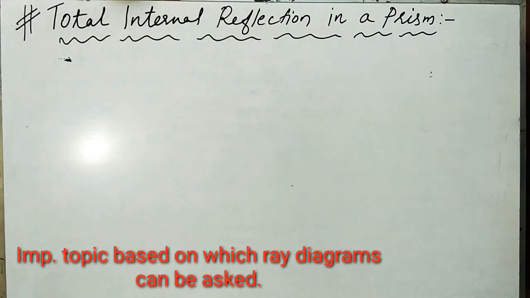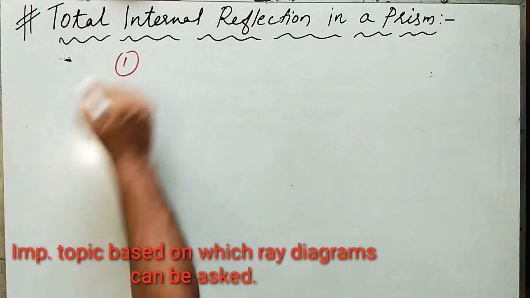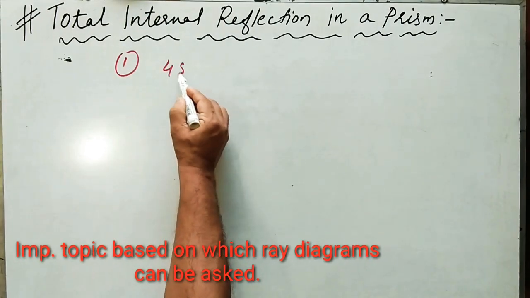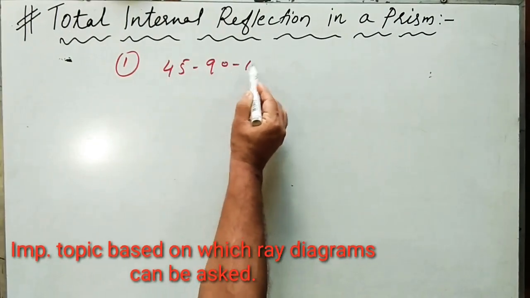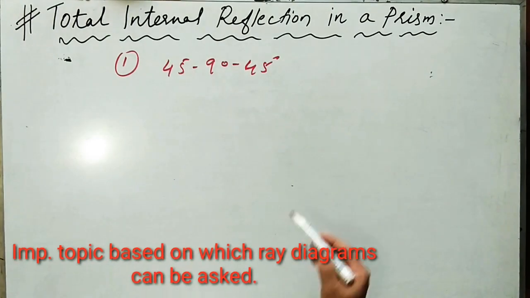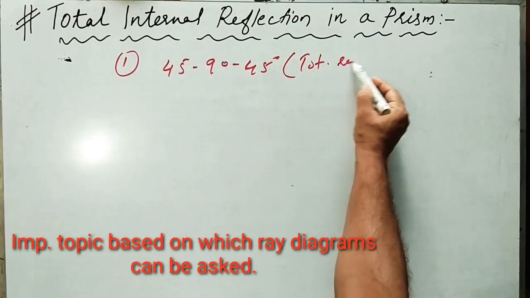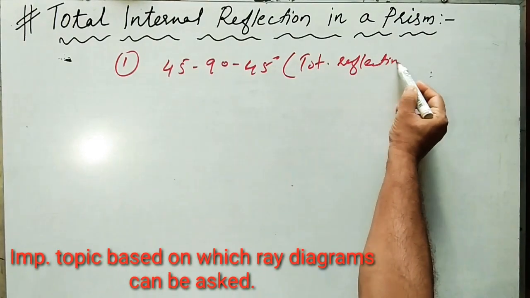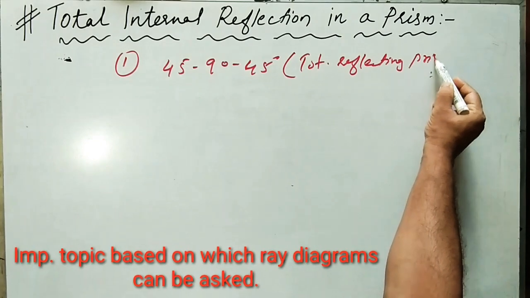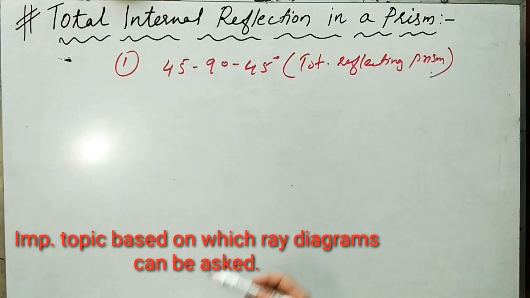When we consider different types of prisms, we have three different types here. First is the 45, 90, 45 degree prism. It is also known as a right angle total reflecting prism, or right angled isosceles prism.